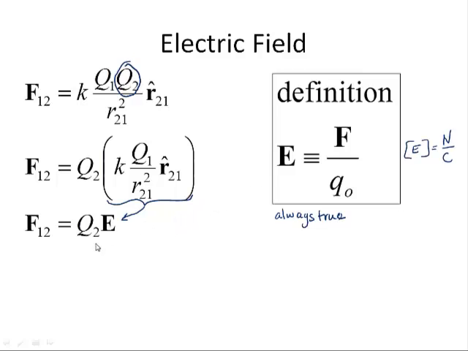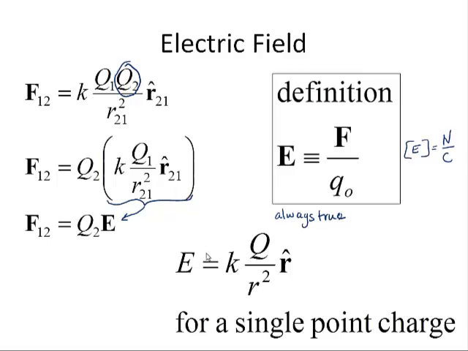However, this equation here, where we say that the electric field is equal to KQ over R squared times R hat, this actually should be a vector E. This is only true for a single point charge. But we can also use this formula for a single point charge in conjunction with the principle of superposition in order to get some more complex electric fields.